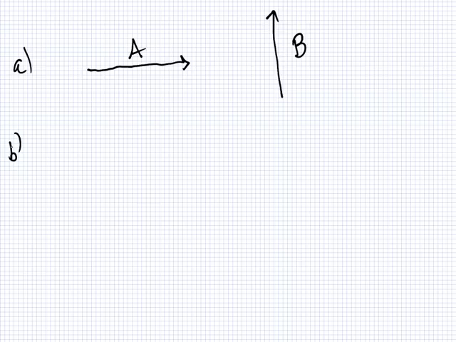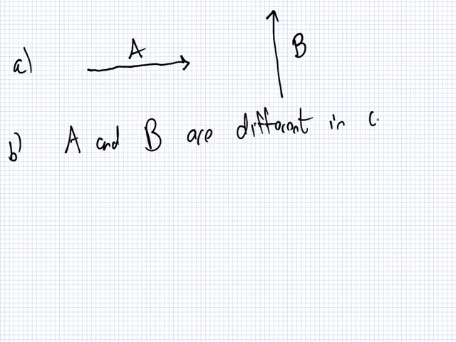They don't have the same unit is the reason, because this one's length is 5 kilometers, but this one's length is 5 kilometers per hour. So because the units are different, A and B are different in units. So the answer is no.